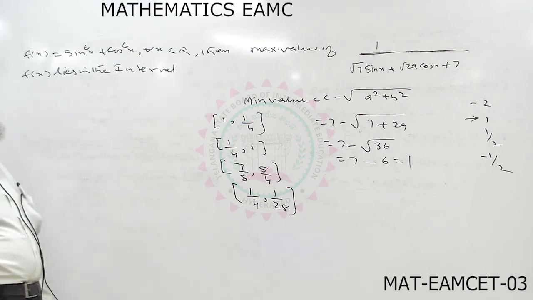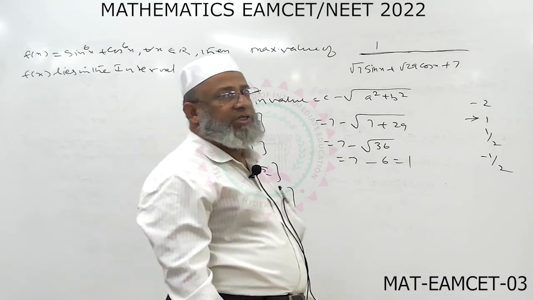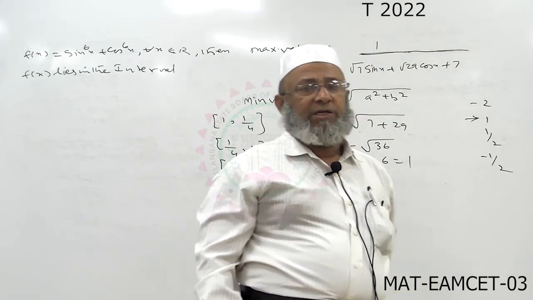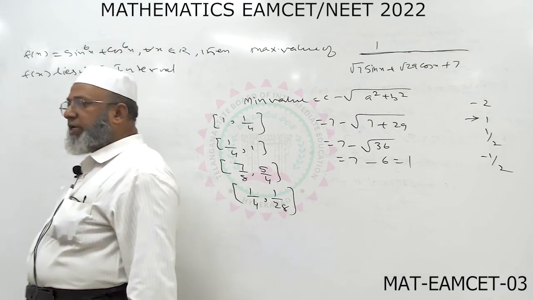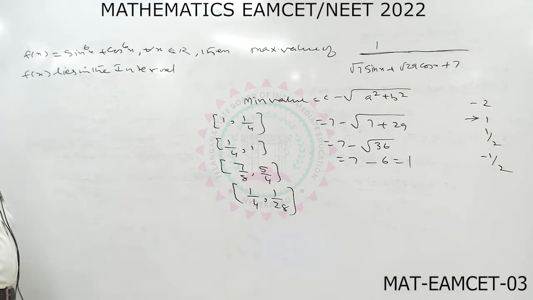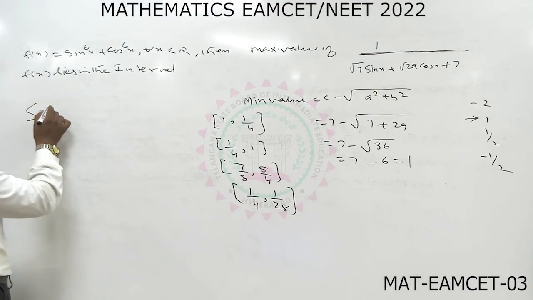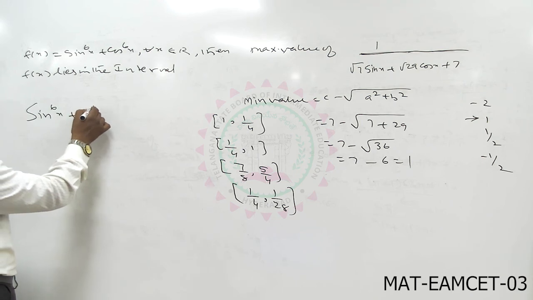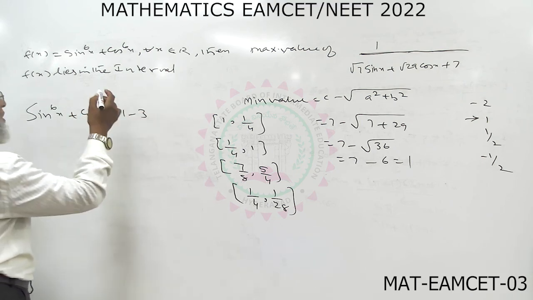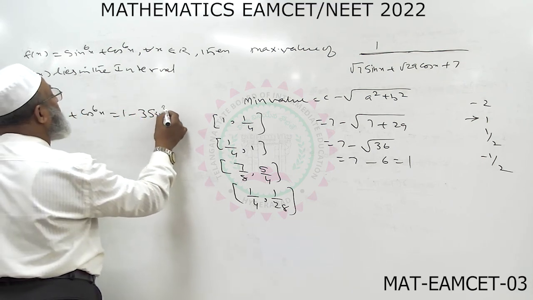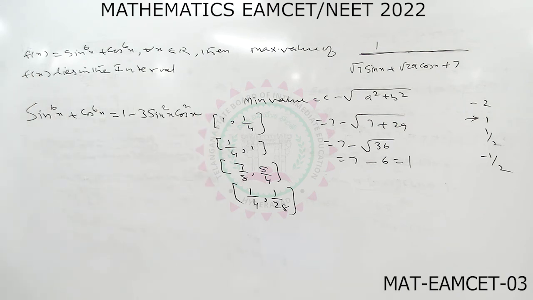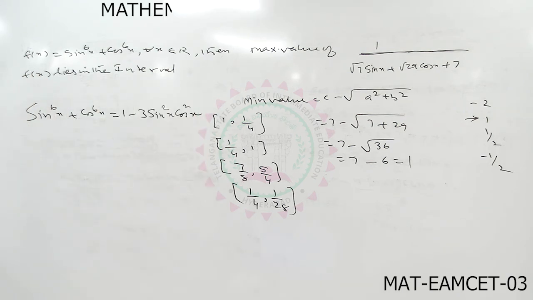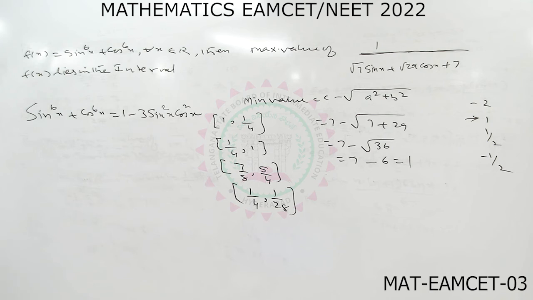So, by seeing the problem sin 6x plus cos 6x, you may recall there is an important result we used in the beginning of trigonometric functions. You have to remember this always: sin 6x plus cos 6x is equal to 1 minus 3 sin square x cos square x. How is it done?